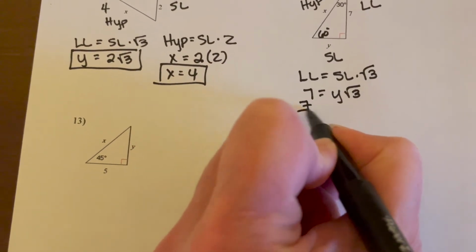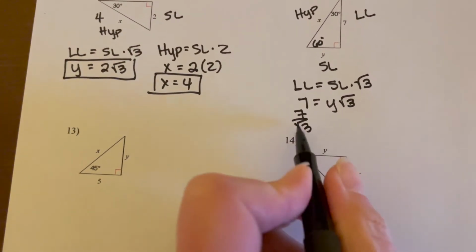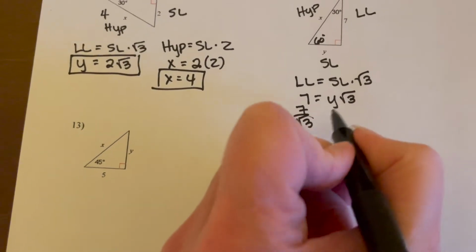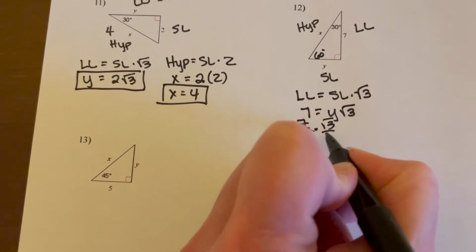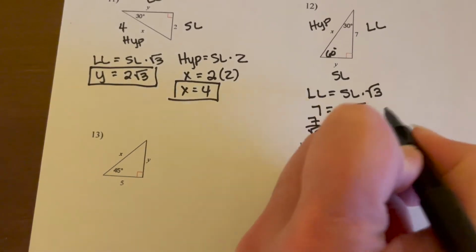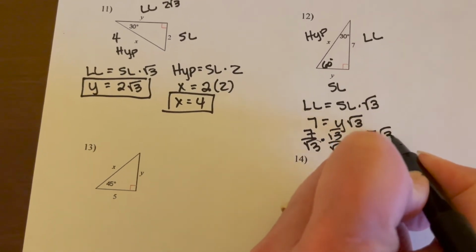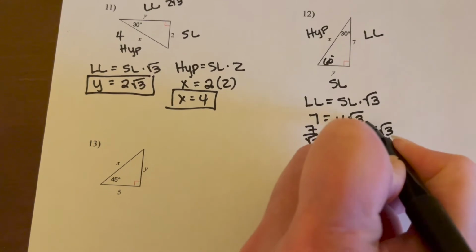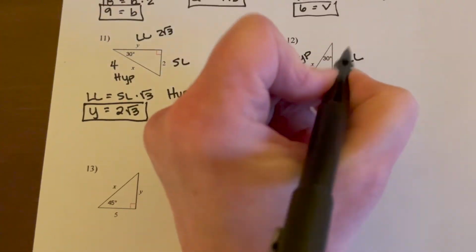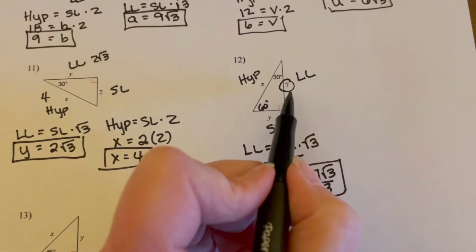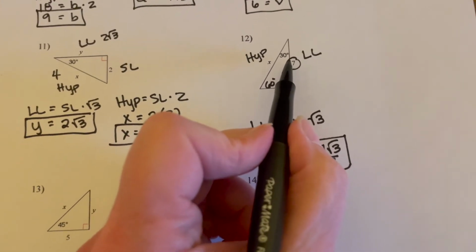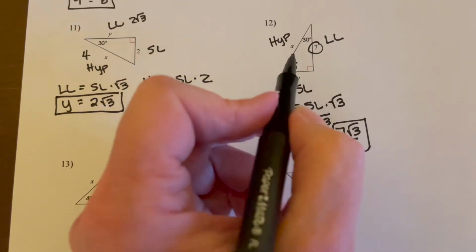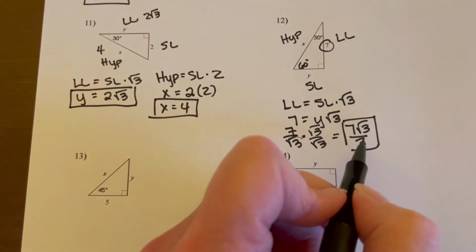So I get 7 divided by root 3 for y, but I can't leave it like that because I need to rationalize the denominator. So I end up getting 7 root 3 all over 3. So when you start with a whole number in the long leg across from 60 degrees, you will always end up getting something over 3.